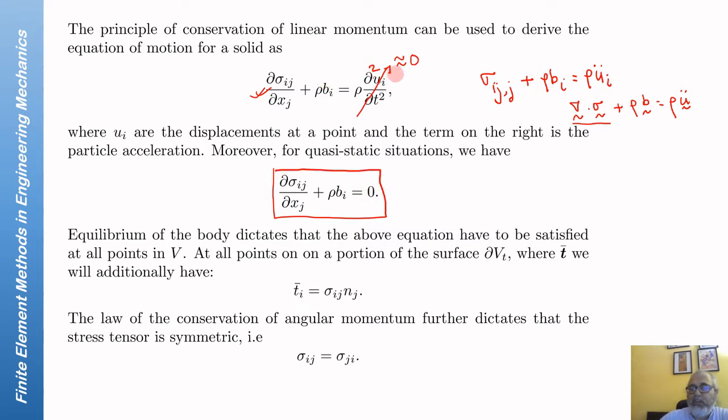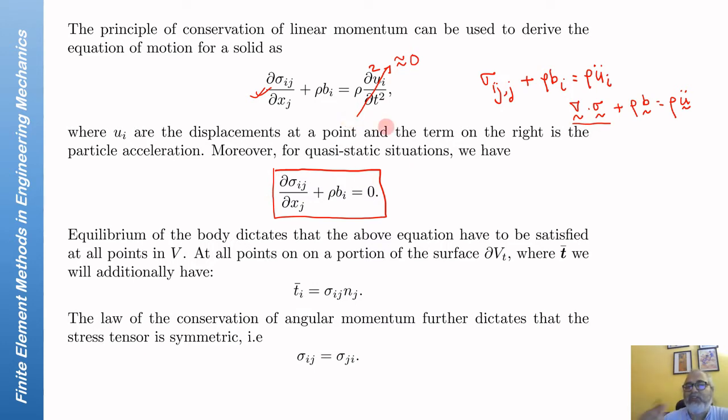There is a qualitative difference between the equation describing a fully dynamic situation where this term is not small, and this equation which is for quasi-static situations.